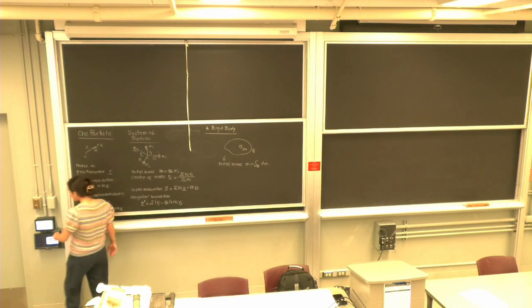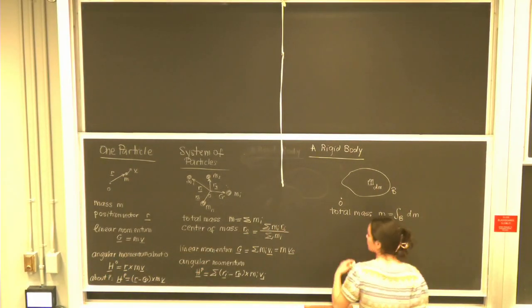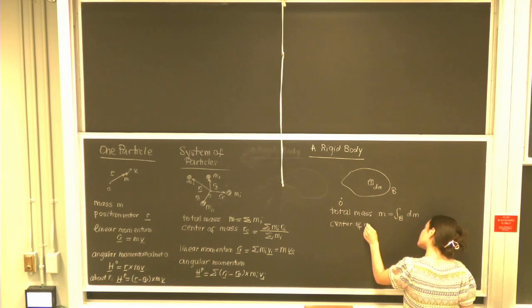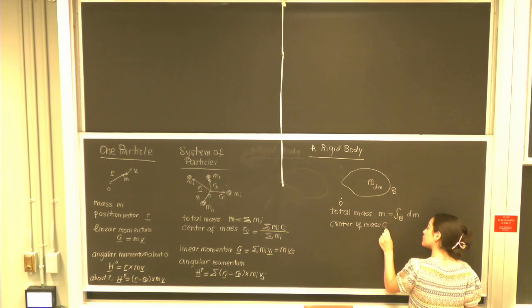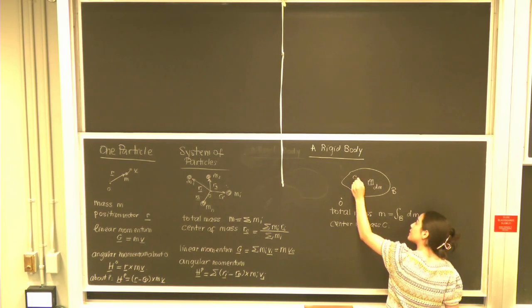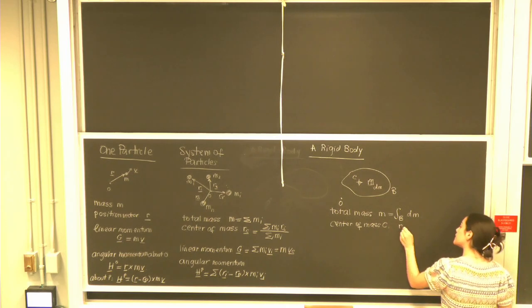Now, what do you think the expression of the center of mass is going to be? So we're going to take some point. That point is going to be defined as the center of mass. How are we going to define it? Any ideas?